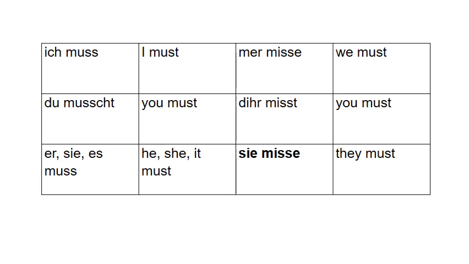You'll notice that these modals tend to be irregular, as in this case. They're not incredibly irregular. They're not crazy forms like du musst. It has the ending st like you'd expect, but they are irregular, often different kinds of vowels between the singular and the plural. So you just have to learn them.